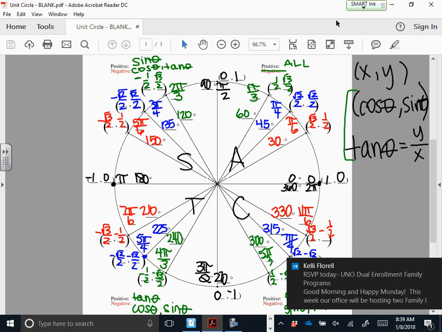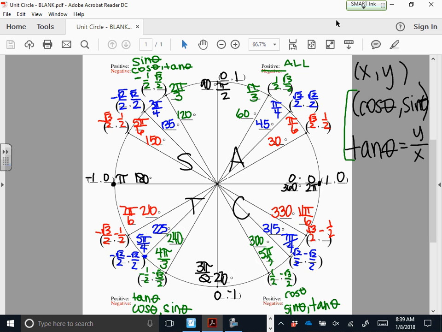That is right here. So if I ask you for the sine of 5 pi over 6, you're going to tell me 1/2 because that's the y coordinate. If I ask you for the cosine of 5 pi over 6, you're going to tell me negative radical 3 over 2 because that is the x coordinate.